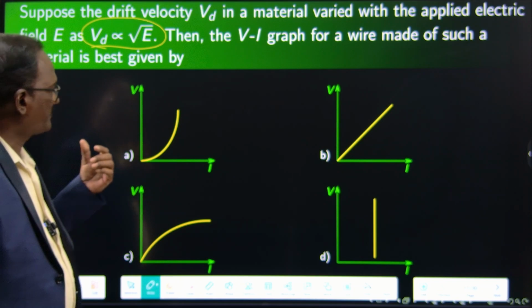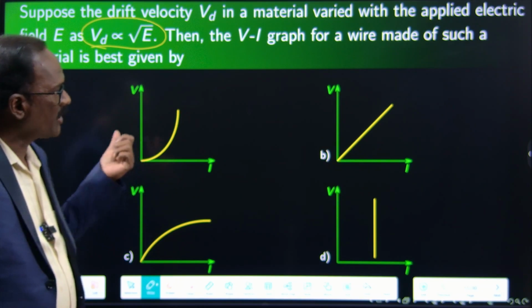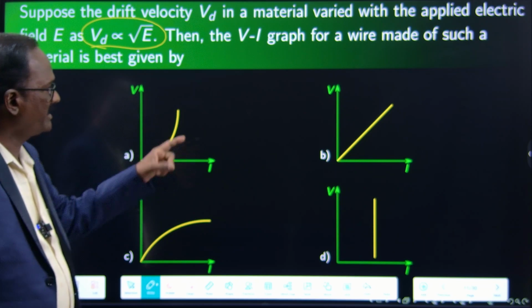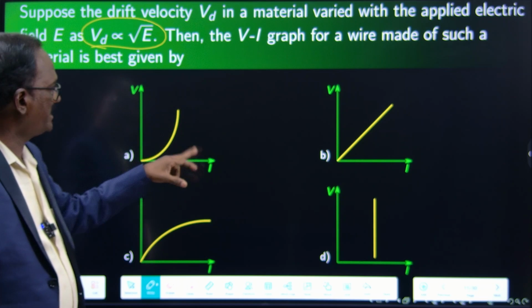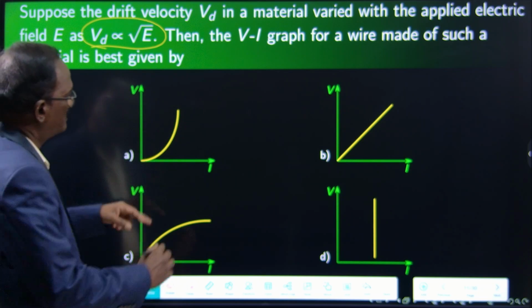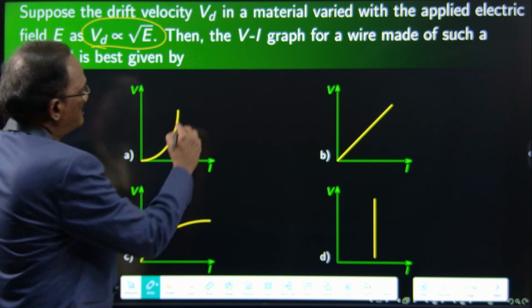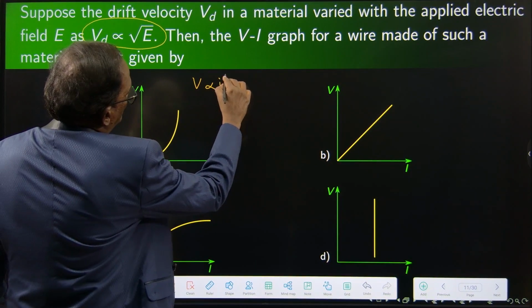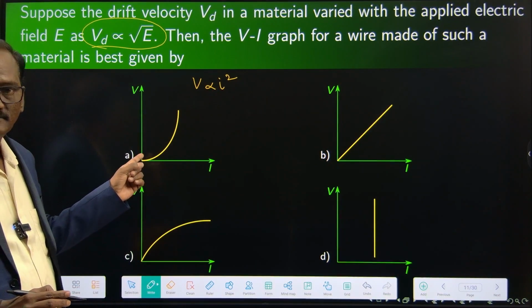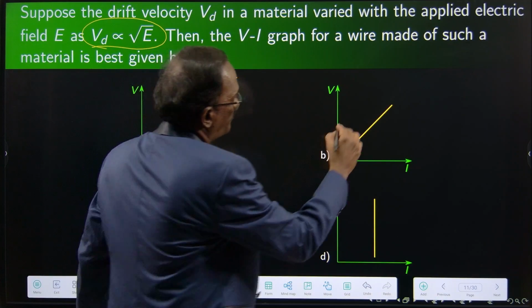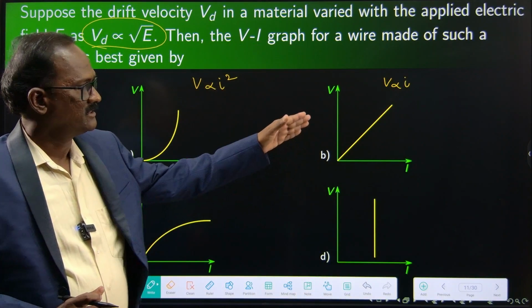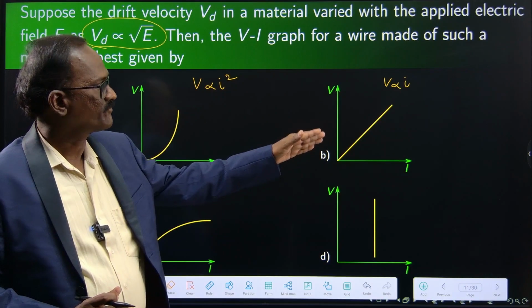Right. So first we have to see what relationship they are making between V and I. So y-axis V, x-axis I. This is a parabola. So V is proportional to I square. This is V is proportional to I, straight line equation mx plus c.